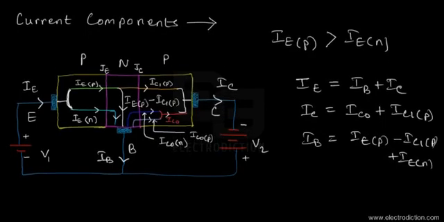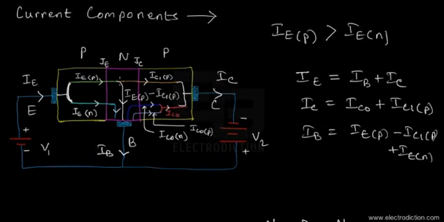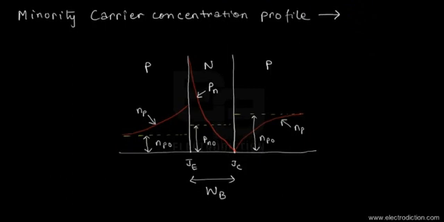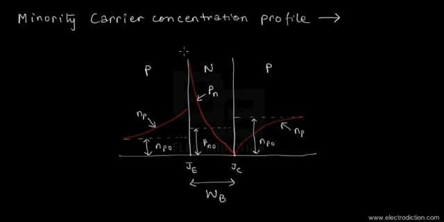current components, obviously the carrier concentrations would vary in both the PNP and the NPN type transistors in all their sections. So if you take a look at the minority carrier concentration profile, first for the PNP type transistor, we can see the yellow dotted lines over here mark the thermally stable minority carrier concentrations in all the three sections.